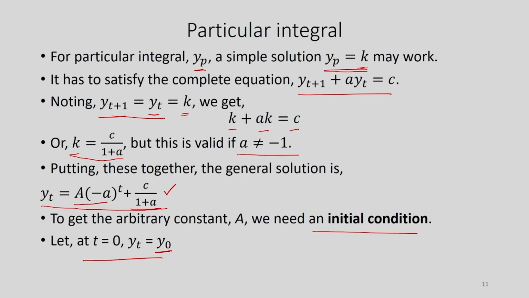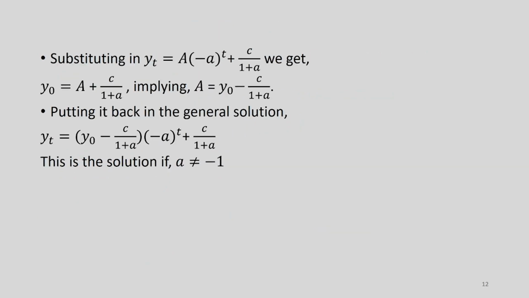And on the right hand side, this will become 1, because minus a to the power 0 is 1. So, this becomes capital A plus c divided by 1 plus a. y 0 is equal to capital A plus c divided by 1 plus small a.